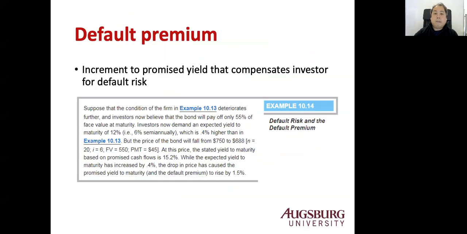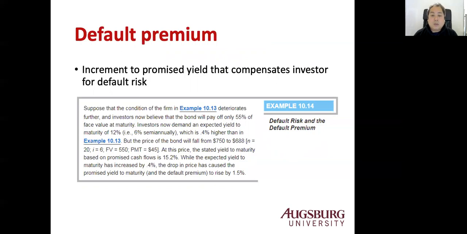Default premium. When you require returns, one of the biggest portions is the premium from the default risk. If the default risk is high, then you require a higher yield, obviously.